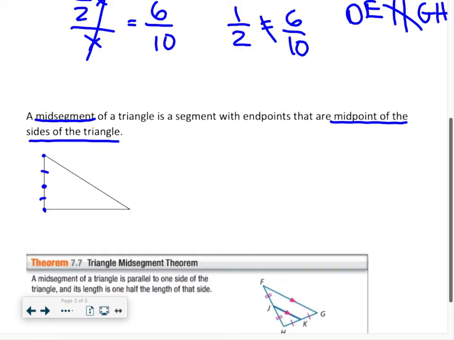And this other side, this side over here also has a midpoint. Going to kind of guesstimate it as well. So this here, let's call it AB. That is a mid-segment of this triangle. Again, it connects the midpoints of the sides of the triangle.